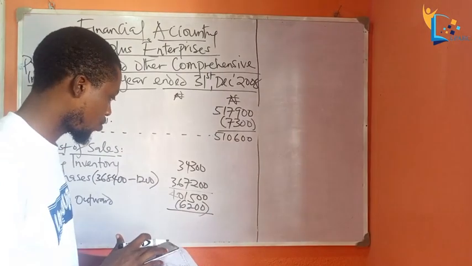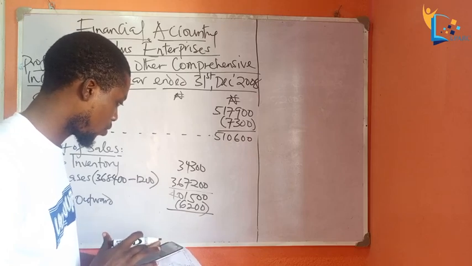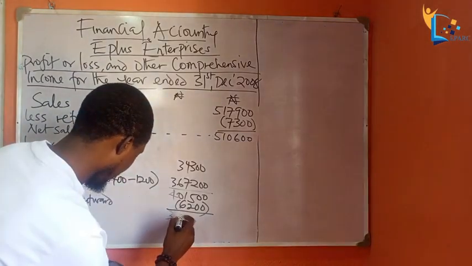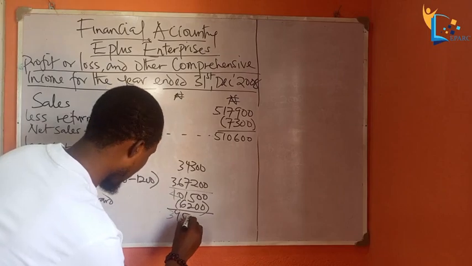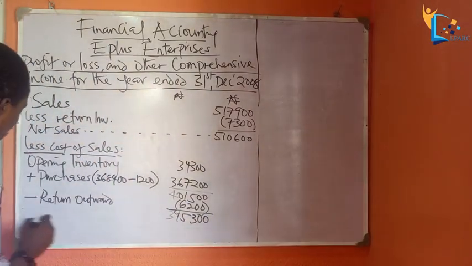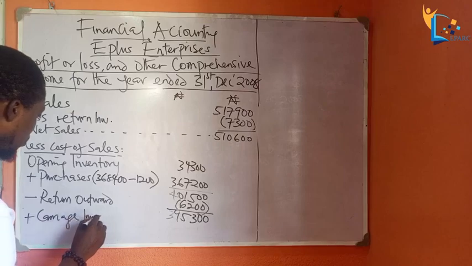So let's deduct. We have 401,500 minus 6,200, which is 395,300. Then you add carriage inward.